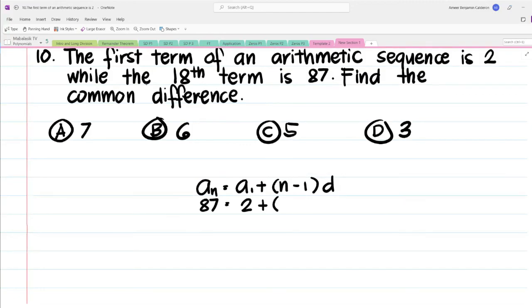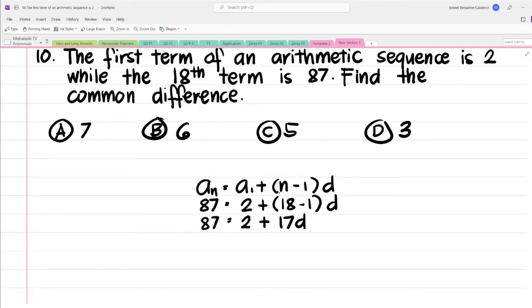Plus, from the problem, it was said that the 18th term is 87. So, if we assume that 87 is the last term, then we have 18 terms all in all. Minus 1 times d. So, we have 87 equals 2 plus 18 minus 1, that's 17d.